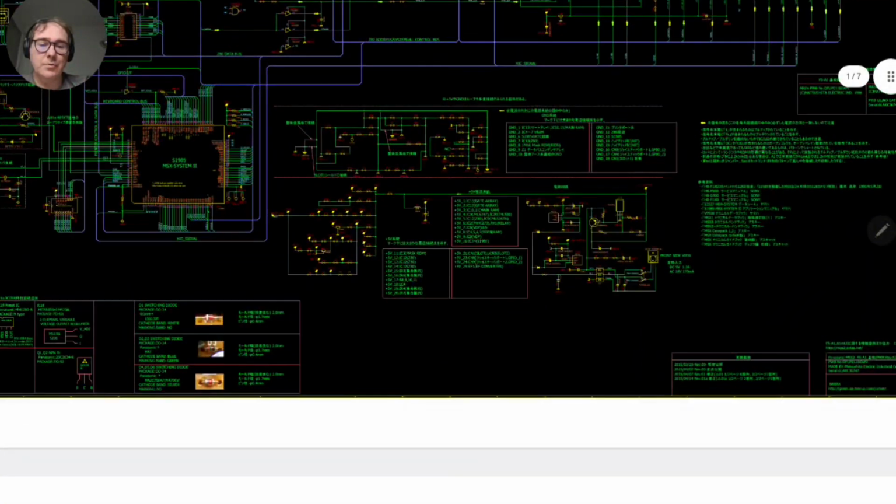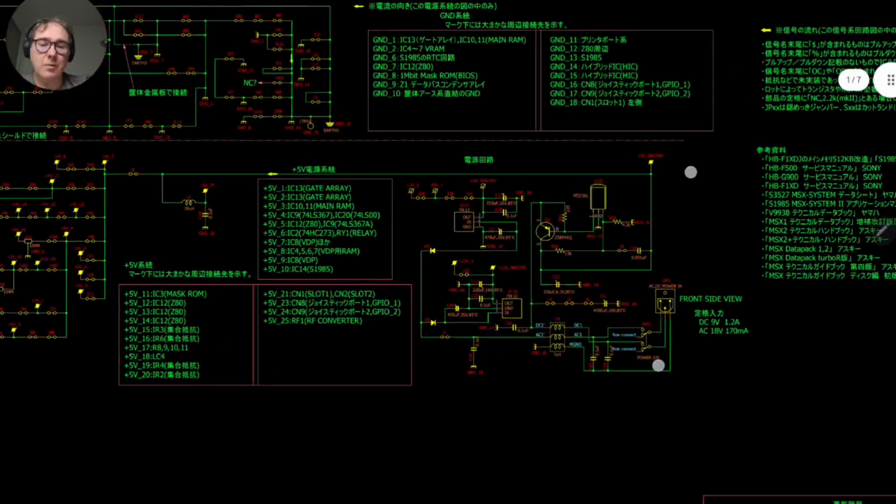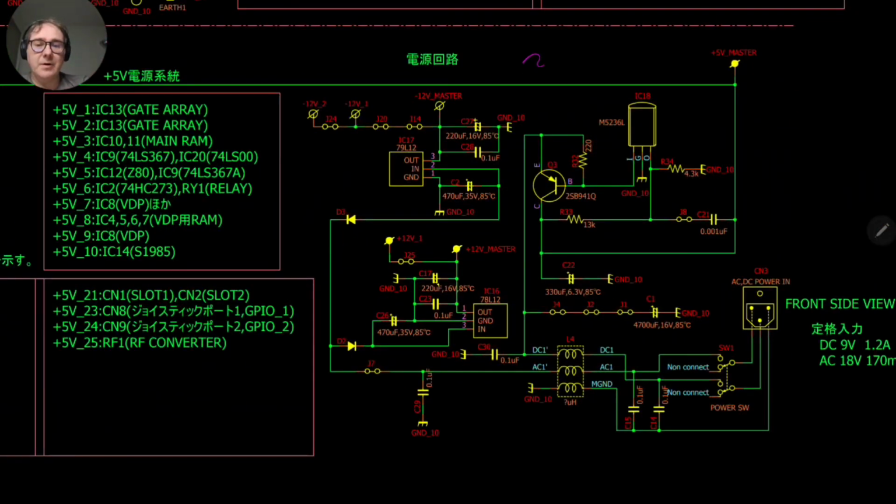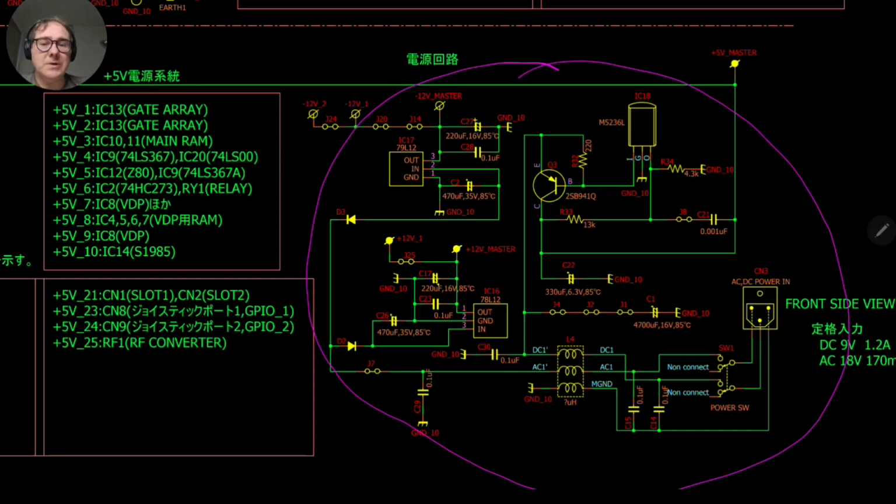Today I will focus only on this small part, the part of the power. We'll see that this computer actually needs 3 voltages: it needs the 5 volts, it needs minus 12 volts, and it needs plus 12 volts.